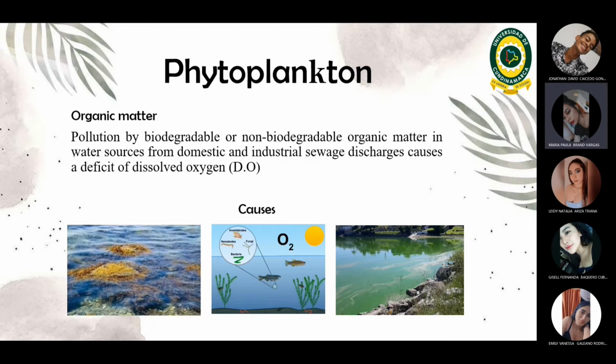Organic matter. Pollution by biodegradable or non-biodegradable organic matter in water sources from domestic and industrial discharges causes a deficit of dissolved oxygen, DO. In the degradation process, all the DO is consumed, reducing the capacity of autopurification of a tributary. As a consequence, there is a loss of biodiversity, forming typical putrefaction compounds and at the same time generating accumulation in animal tissues as toxicity increases.